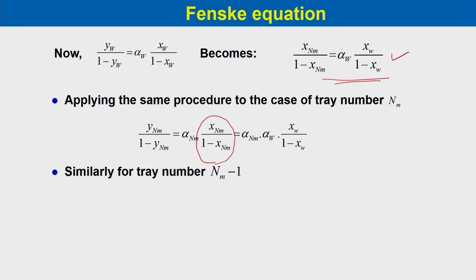Similarly, for tray number nm minus 1, we can write y_nm-1 divided by 1 minus y_nm-1 is equal to alpha_nm-1 into x_nm-1 divided by 1 minus x_nm-1, which is equal to alpha_nm-1 into alpha_nm into alpha_w into x_w by 1 minus x_w.